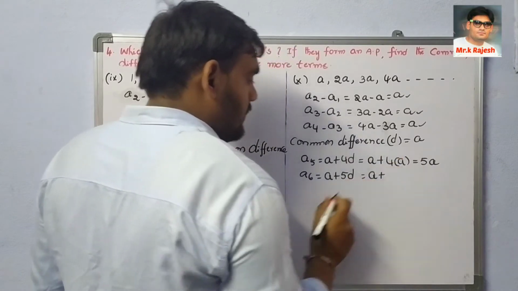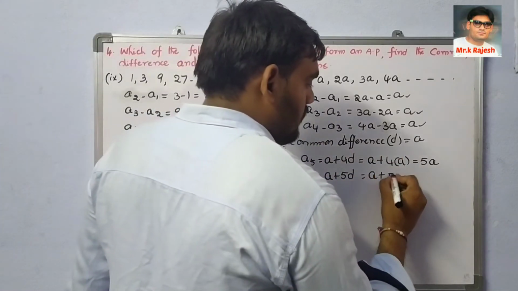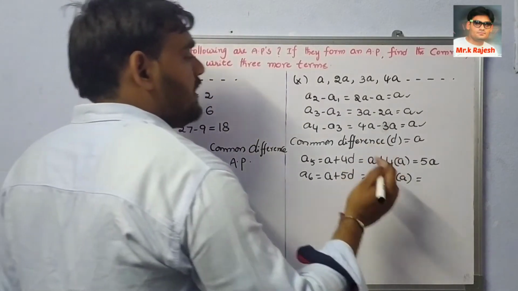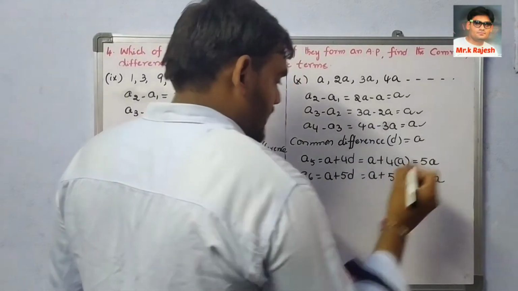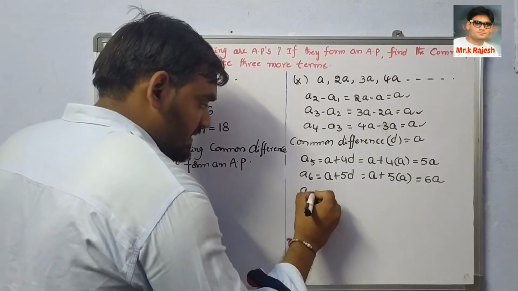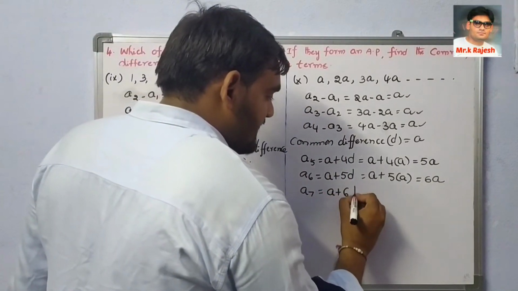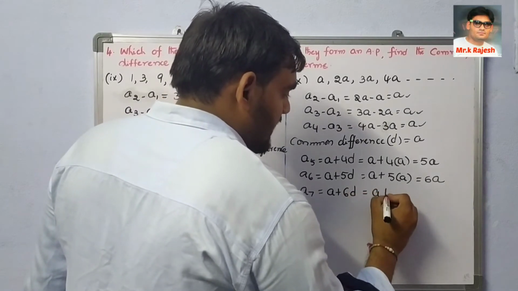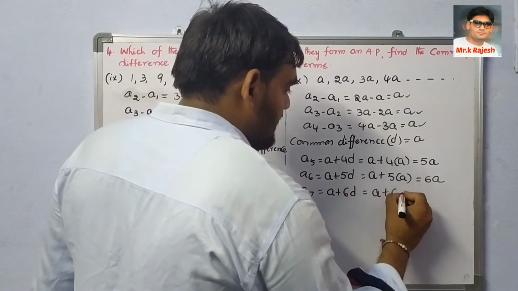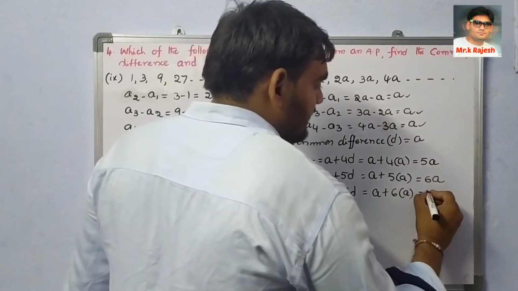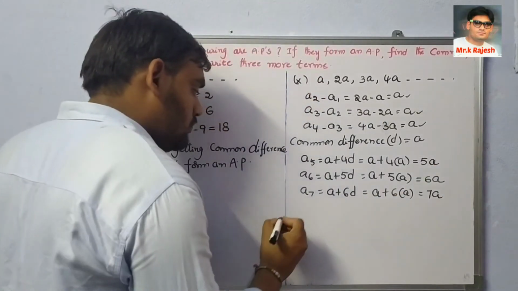Next, A6 is equal to a plus 5d. A is nothing but a only, and 5d means 5 into a, so we get 5a only. A plus 5a, we will get 6a. Next, A7 is equal to a plus 6d. So a means a only, plus 6d means 6a here in the problem. A plus 6a is equal to 7a.